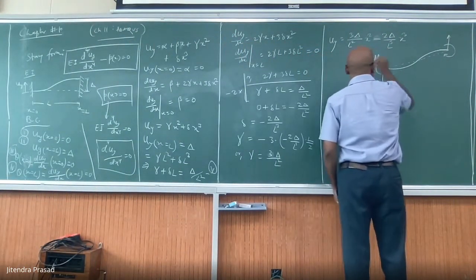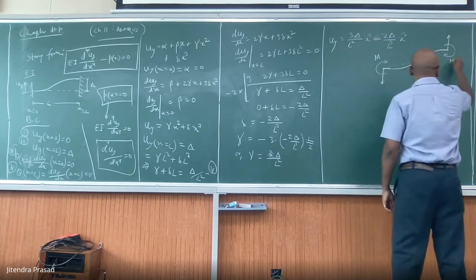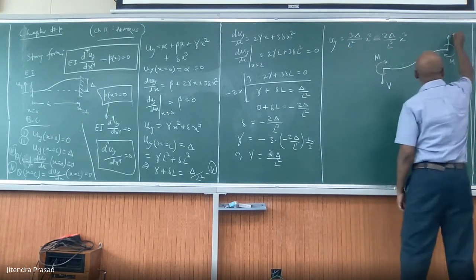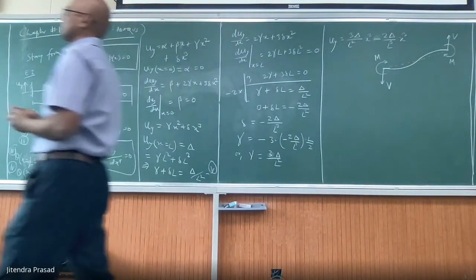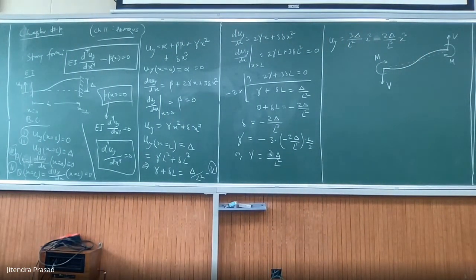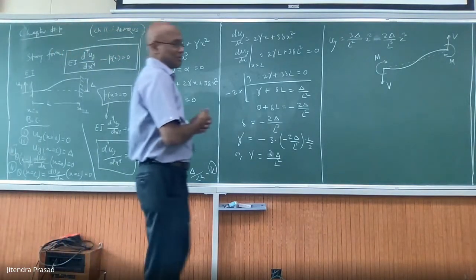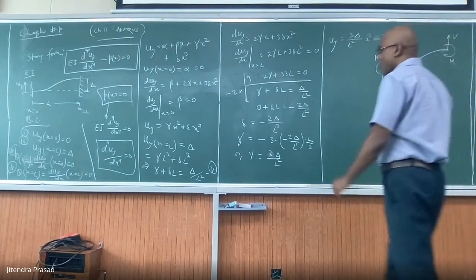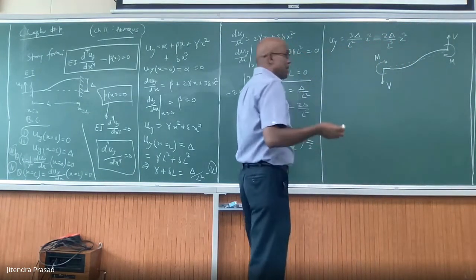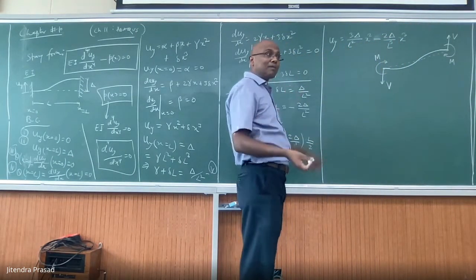So what is the value of M, and what is the value of V, the shear force? So we have to find that out. So how to do it? Then we have to get the definition of those values. And what is the definition? They are related. And how are they related?